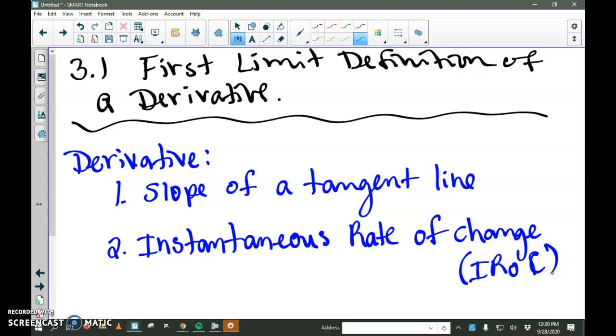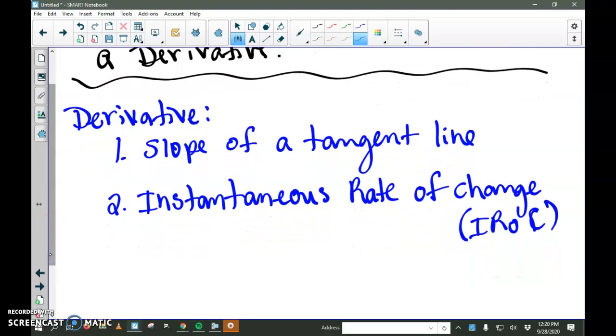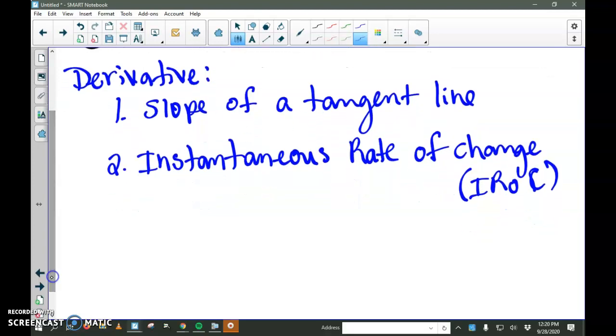Average rate of change would be the change occurring over a given period of time, versus instantaneous rate of change is the change that is occurring right now in this moment. And so again, slopes of secant lines look at the average rate of change, the slope over a given interval. A derivative looks like the slope at a specific point, 1 point, so instantaneous slope or instantaneous rate of change. And the third way to describe a derivative is this limit definition.